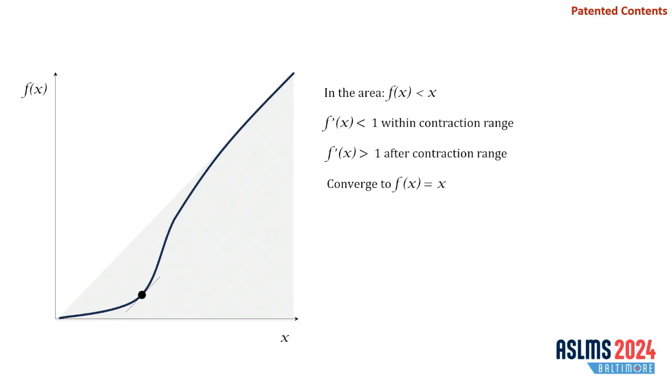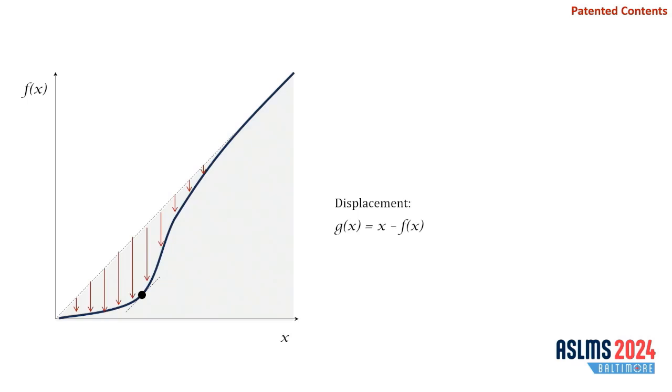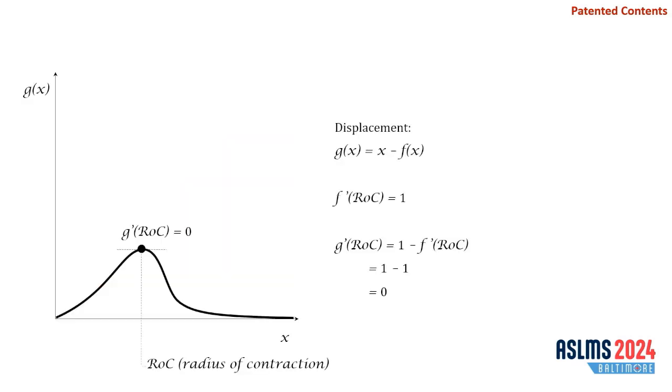Eventually, it will converge to the y equals x graph, because the skin that is too far away from the center would barely feel the effect of central contraction. And the subtraction of f(x) from x would give us the displacement like this. And the peak point of this would have a slope of 0 at the radius of contraction.